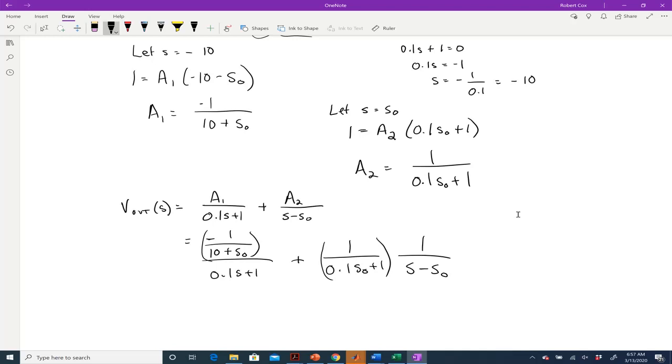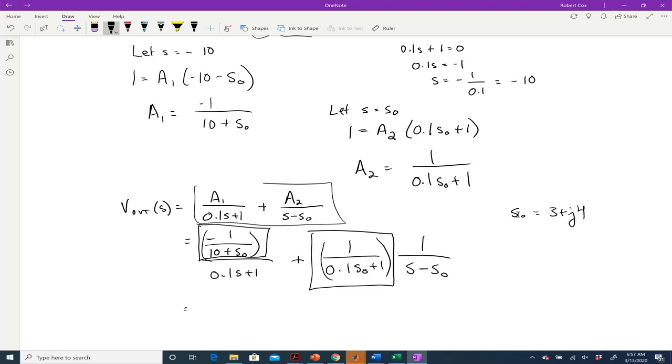Now, because s naught would be a constant, for the sake of argument, it could be 3 plus j4. Because that's just a constant, this box number here is a constant. This box number here is a constant, okay? So essentially what I have, in each of these cases, is a constant over some Laplace transform function of s, and a constant over some Laplace transform function of s.